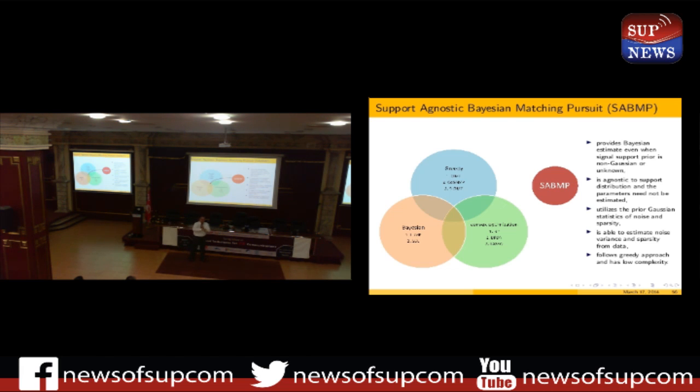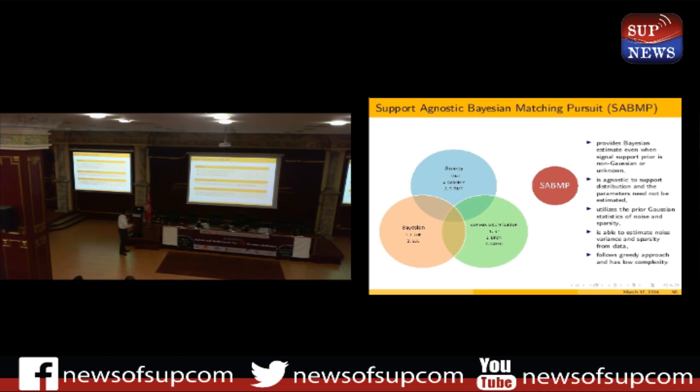We assume that the noise is Gaussian, but we say nothing about the distribution of the vector x, okay? This is one thing. The other thing is that it's a greedy algorithm, and because it's greedy, it's fast. So these are the various approaches: the L1, the Bayesian, the greedy. We are getting the best of all worlds in this algorithm. And this can be seen in the simulations.